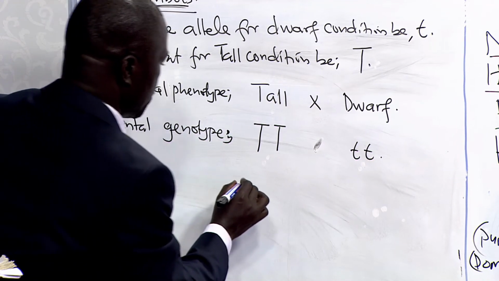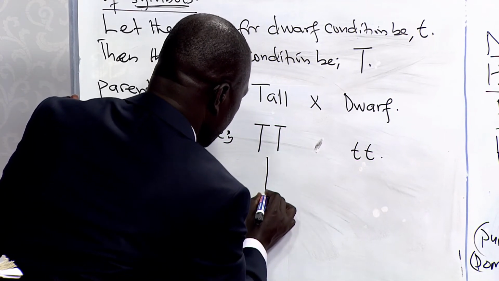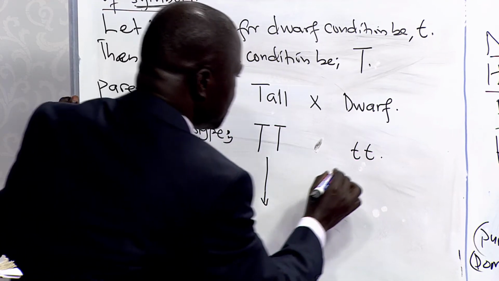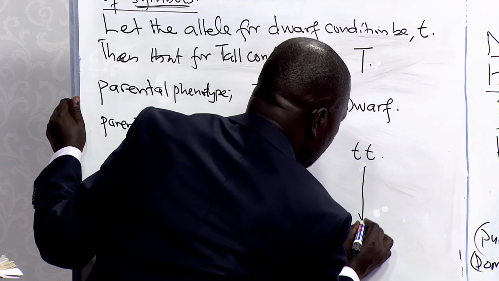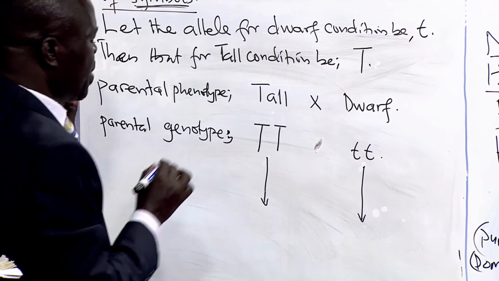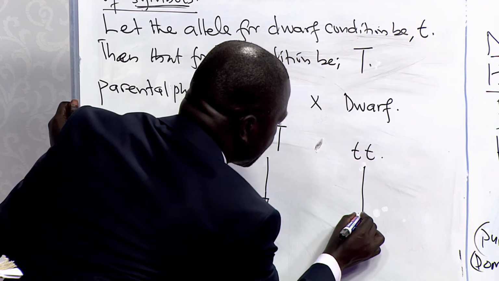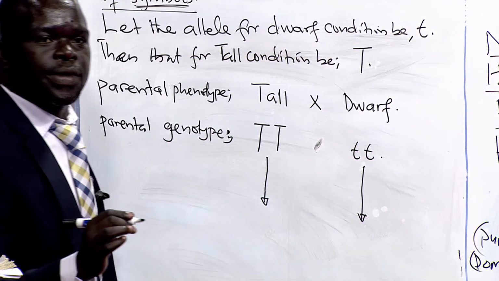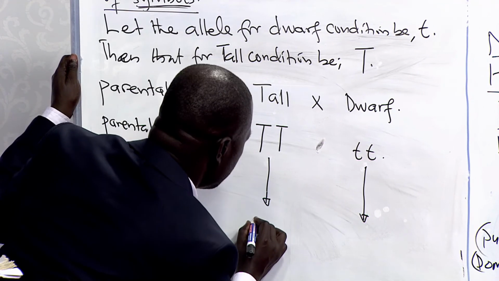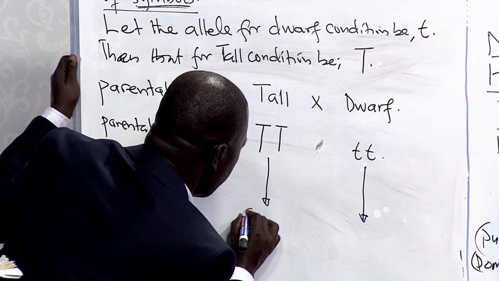meiosis. When meiosis occurs, you remember, it leads to the formation of gametes. So these are gametes now. We are going to form gametes.